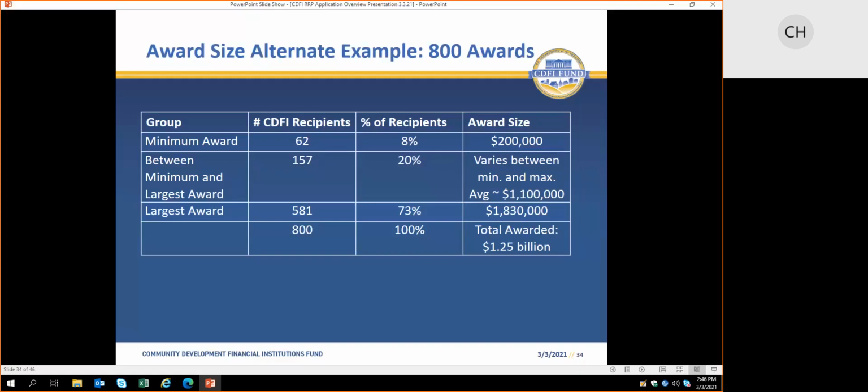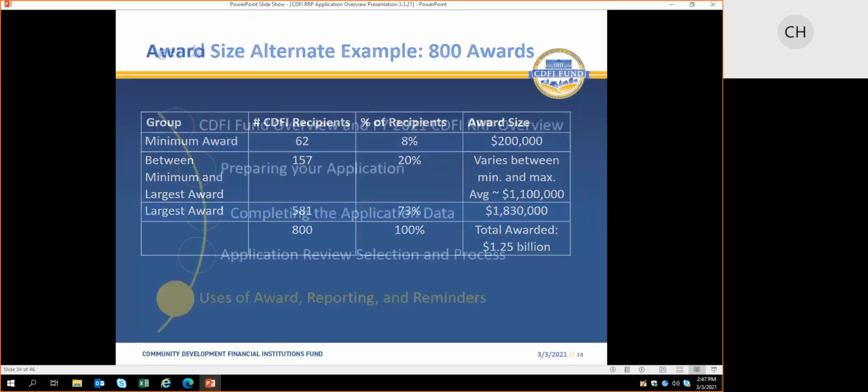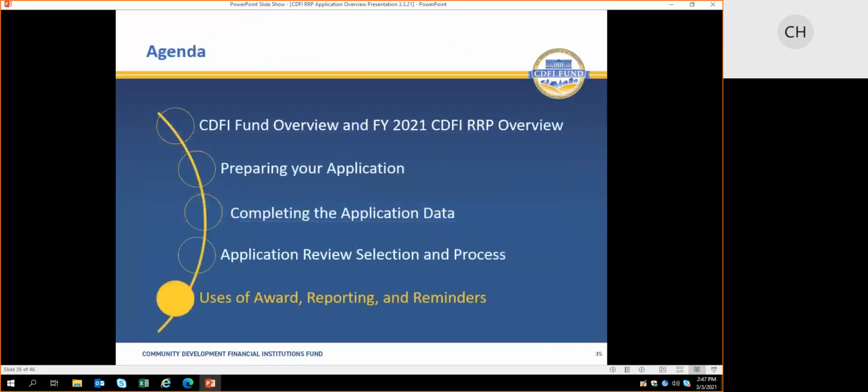So in a scenario such as this, if we only received applications such that we could make about 800 awards, based on our projections of the data, about 73% of the CDFIs would fall in that group getting the largest award, and split evenly, that would be about $1.83 million. With that, I'm going to turn it back to Clint.